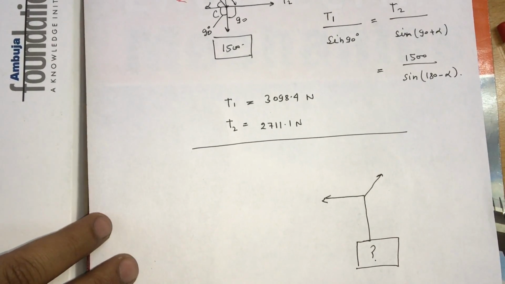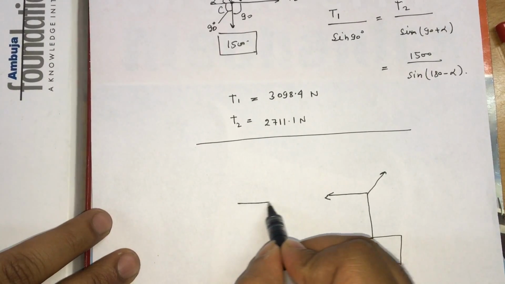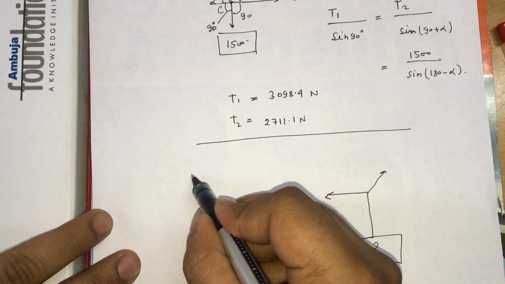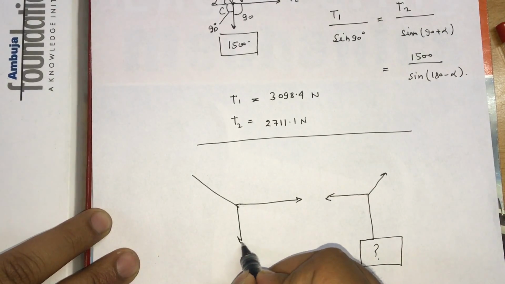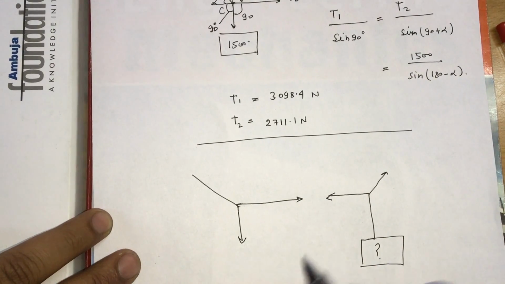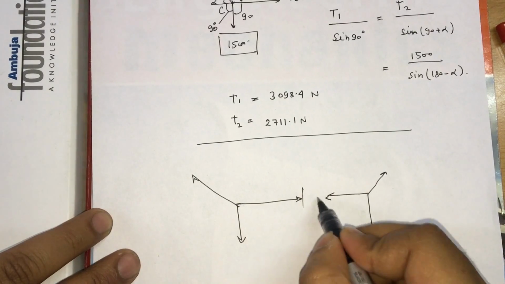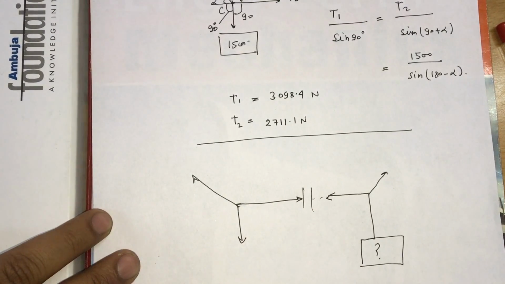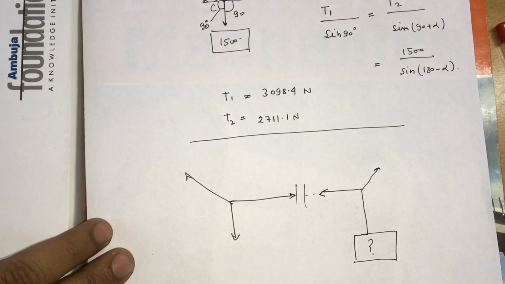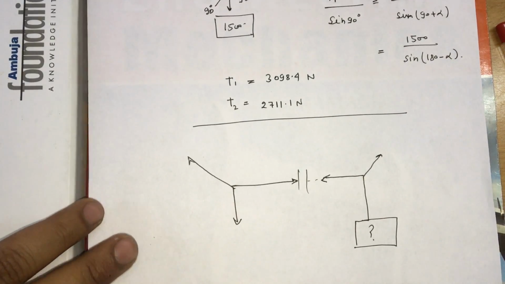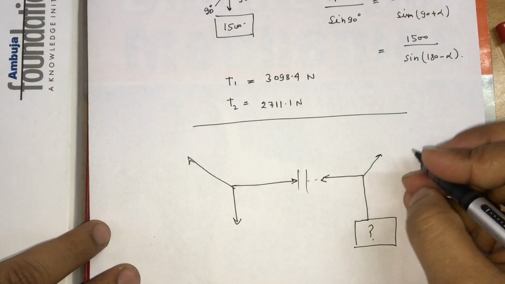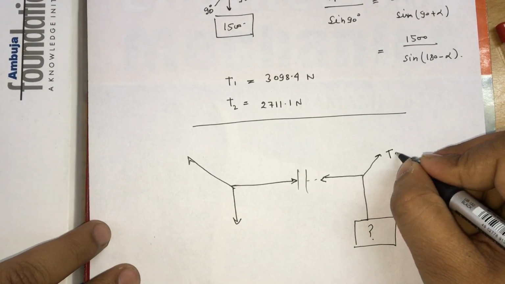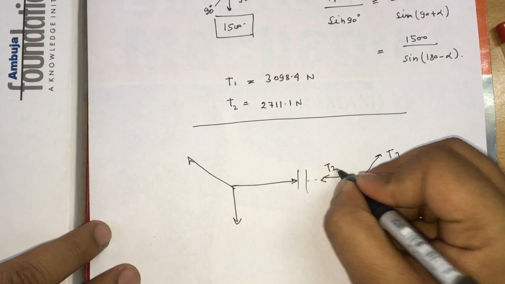If I plot the free body diagram, it can be seen like this, the one force and these are the forces. So this is the free body. I just cut here to see the separate concurrent force system to the non-concurrent force system of two bodies. Now let us assume T3, and this is again T2.